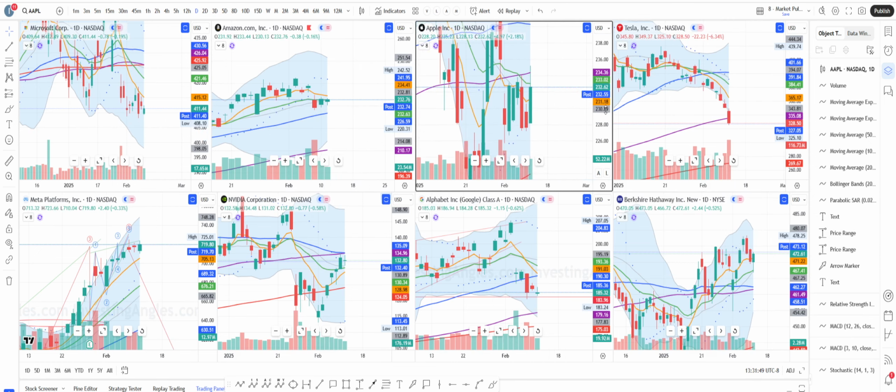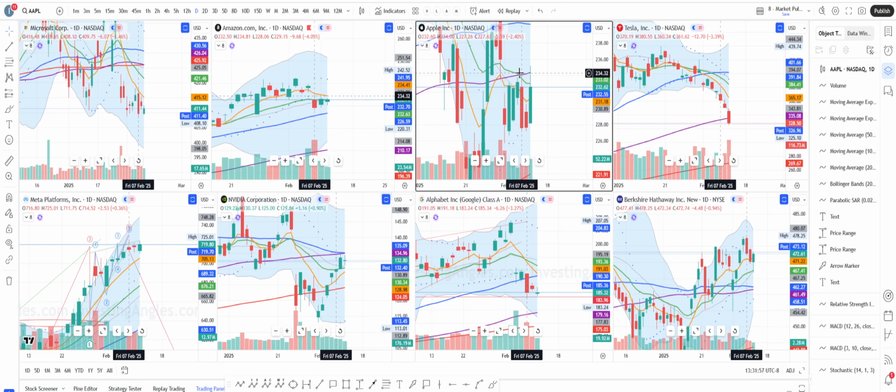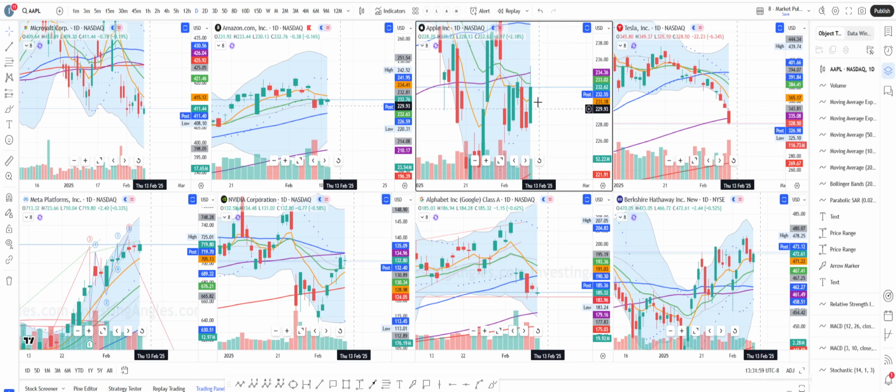Apple disappointed at the end of the day. At the beginning, it had a magnificent chance to form a tower or even a double bottom and close above the 100 days moving average. However, bears pushed it back, and now it formed a mediocre bullish candle, where the odds are still bullish, but barely.